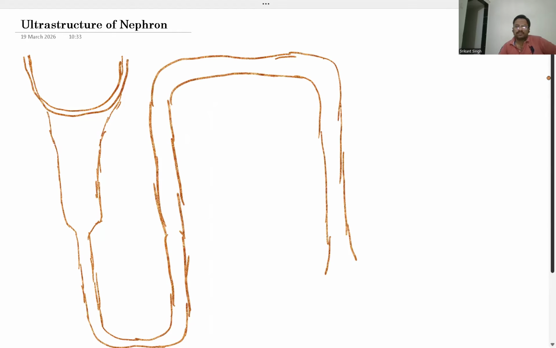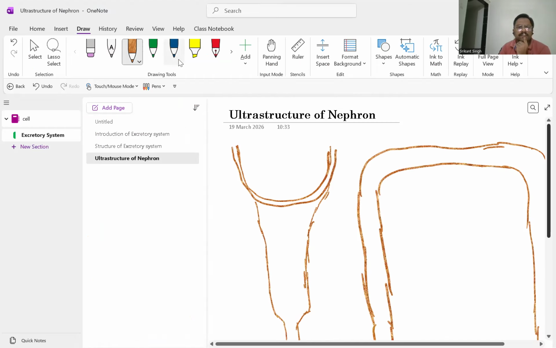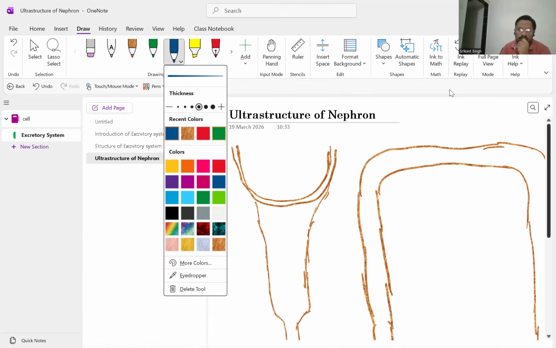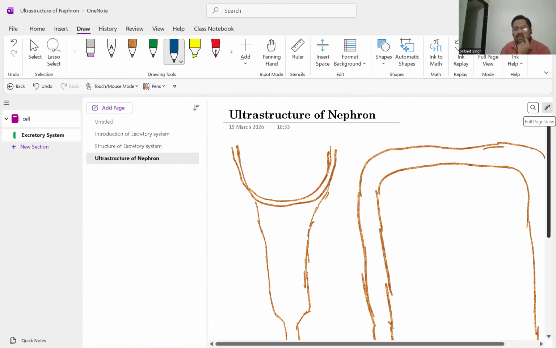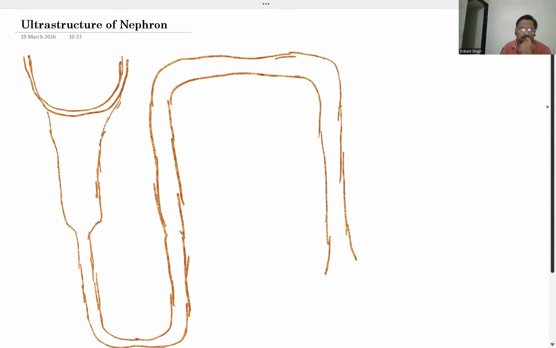Now we are going to label it with this color. This is the Bowman's capsule.